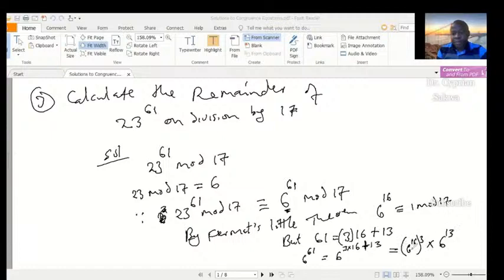But 6 raised to 16, we've already said, is 1. So this is the same as 1 raised to 3, then times 6 raised to 13. And remember, we are doing it mod 17.